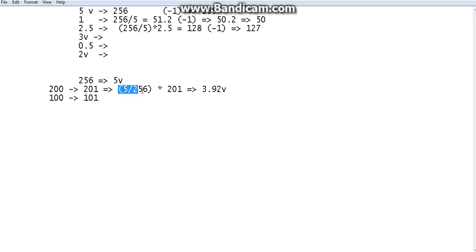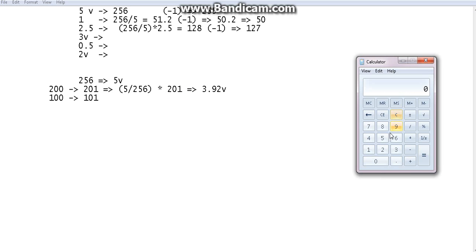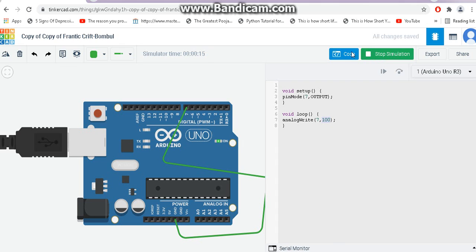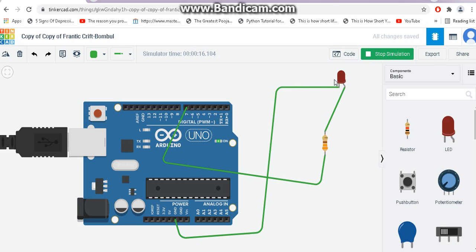So I will quickly do it: 5 by 256, multiplied by 101. That gives 1.97 volts. So 1.97 volts is by no means enough to switch on the LED. You get it, guys? That's nice, right?